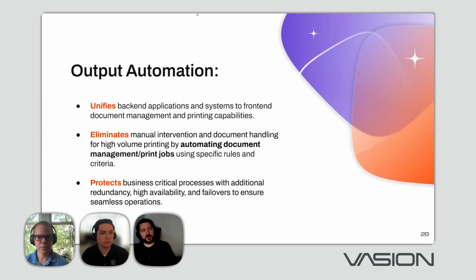To wrap up real quick then, the real core message that I would like you to walk away with about the output automation platform is that we can take your disparate environments that normally have to be handled in an individual way and unify those under a single platform. There's no need to manage the administrative printing differently than you do the printing coming from your EMR.